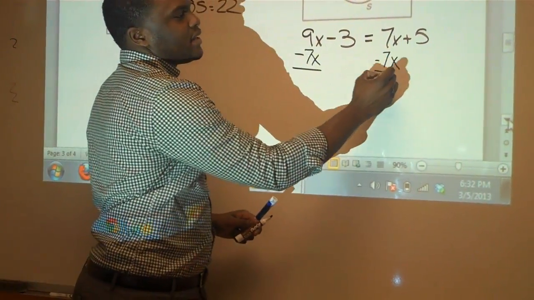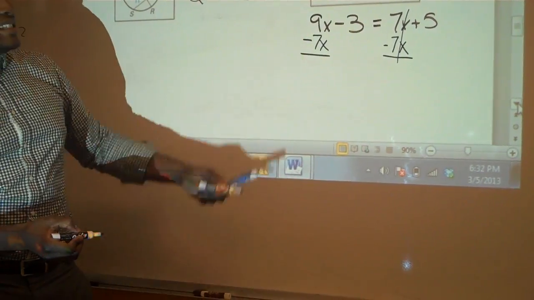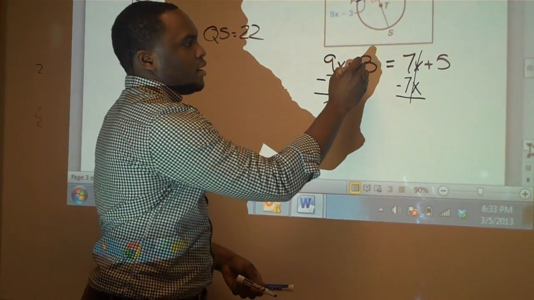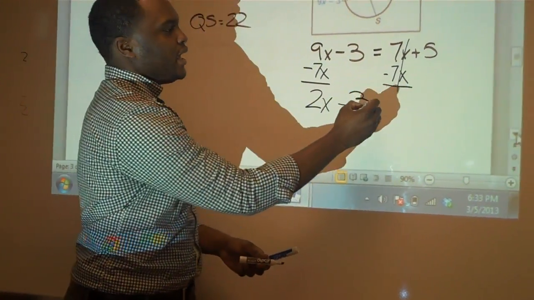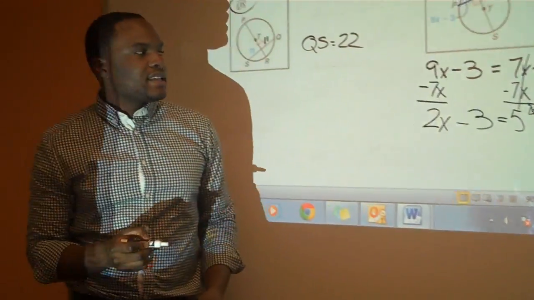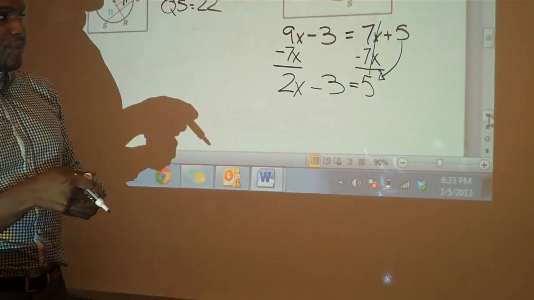7x minus 7x is going to cancel out. And now I have 9x minus 7x is 2x. I'm just going to bring down this negative 3. So I have 2x minus 3 equals, I'm just going to bring down this 5. So I have 2x minus 3 equals 5. Last two steps, I'm going to add 3 to both sides.